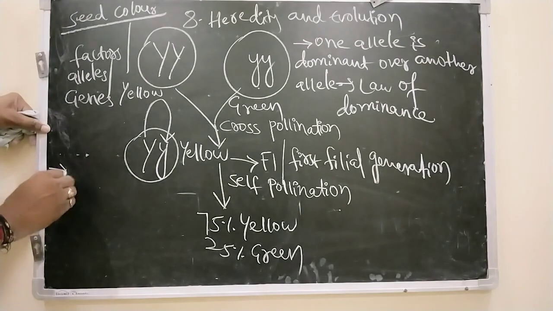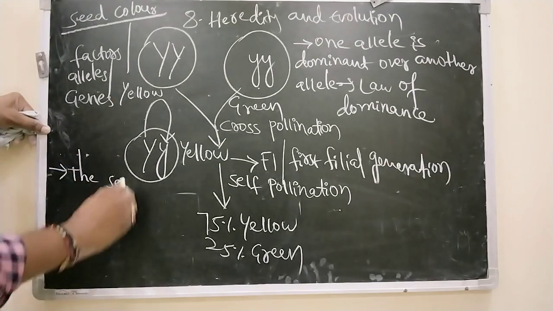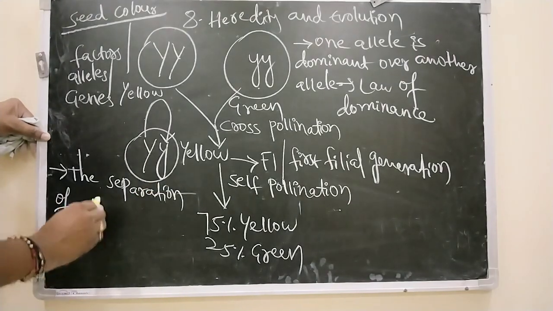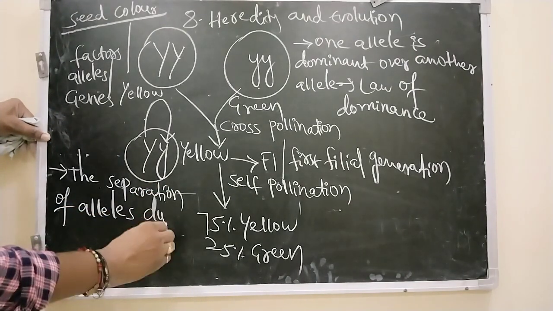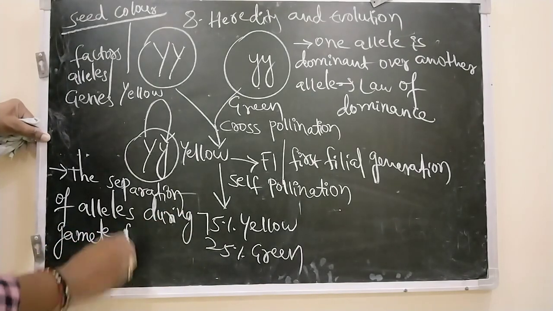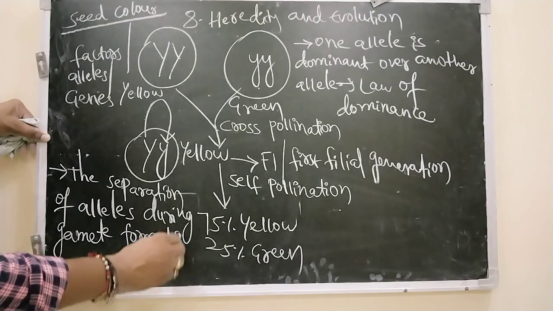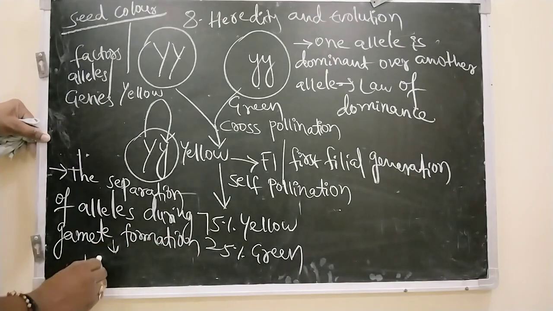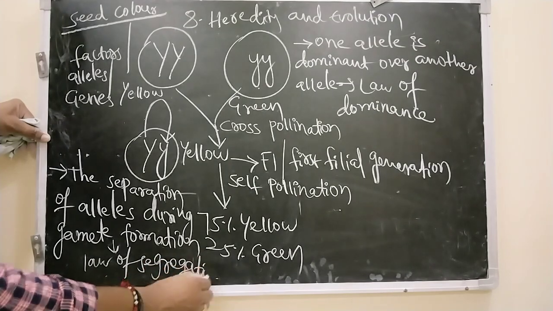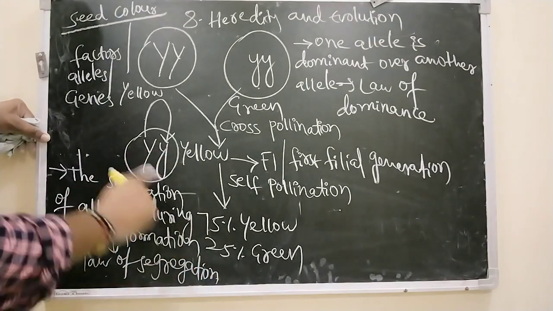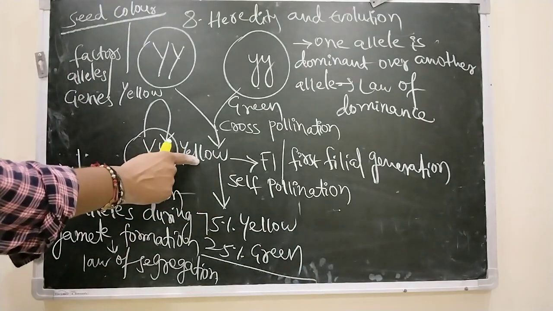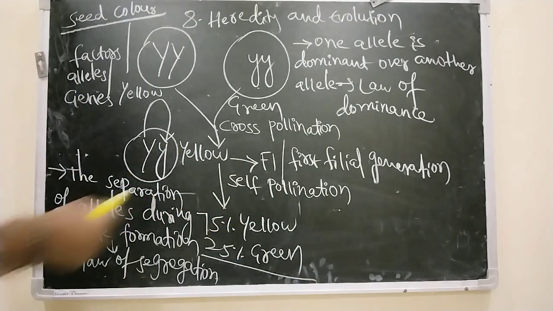This separation of alleles during gamete formation is called the law of segregation. What is the law of segregation? The separation of alleles during gamete formation. That is why the green color, which is not there in the F1 generation, is obtained in the F2 generation.